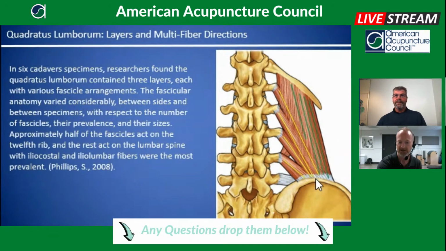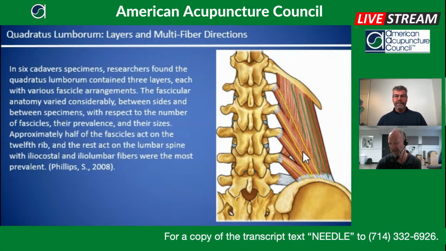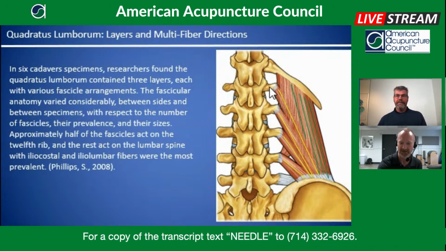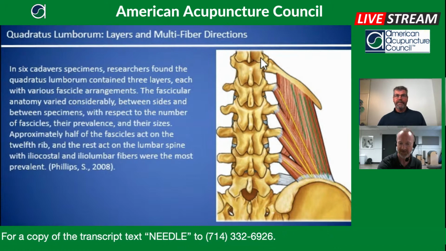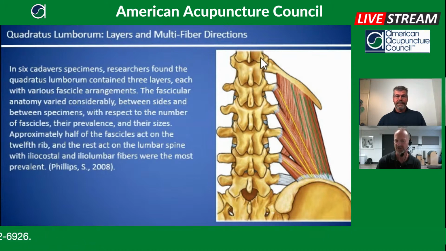There were iliocostal fascicles, which you see outlined in green, from ilium to the 12th rib. There were iliolumbar fascicles, the more yellow line from the ilium to the lumbar spine. There were also some iliothoracic fascicles that went all the way up to the body of the 12th thoracic vertebra. But by and large, the bulk of the fascicles are these iliocostal and iliolumbar.